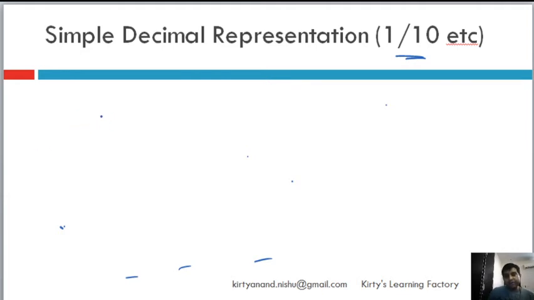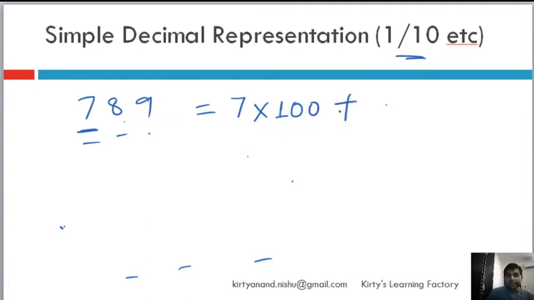If you remember place value, say there is a number 789. The face value of 7 is 7, but the place value is 700, since this is the units place, this is the tens place, and this is the hundreds place. So it is 7 into 100, plus 8, whose face value is 8 and place value is 10, because this is the tens place. Then there is 9, the units place. So these are the place values of these numbers.